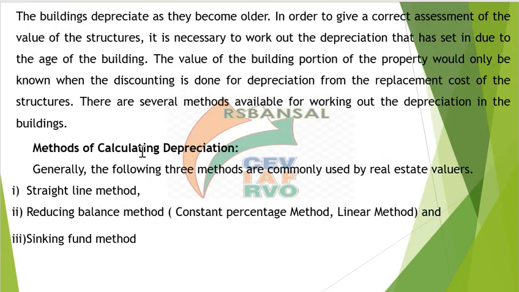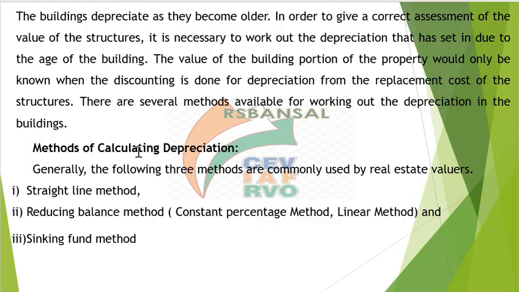As you know, as a building becomes older, in order to find its correct replacement cost, we have to find the depreciated replacement cost. First, we find the replacement cost of a new building, and from that we deduct depreciation. That gives the depreciated replacement cost of the building. So how is it done?